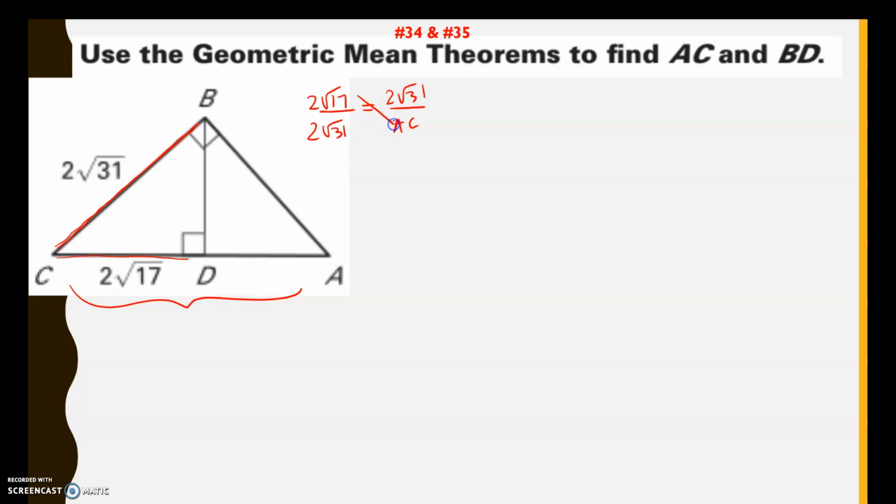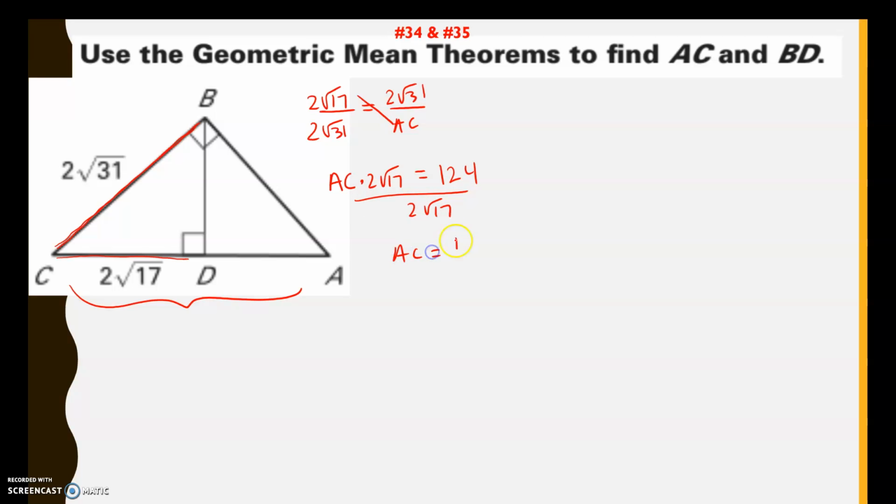So now when I cross multiply, I'm going to get AC times 2 rad 17, and that's equal to 2 rad 31 times 2 rad 31. Well, 2 times 2 is 4, and 4 times 31 gives you 124. Then you divide both sides by 2 rad 17.